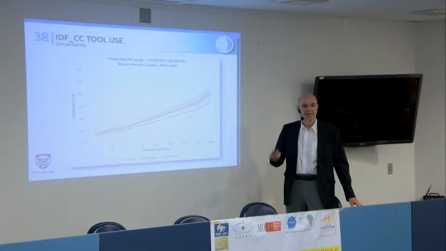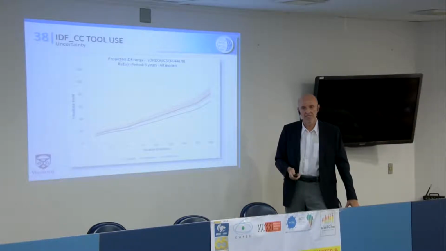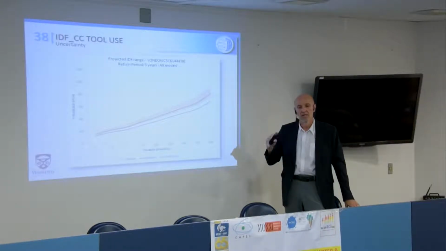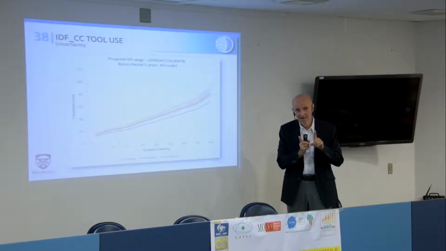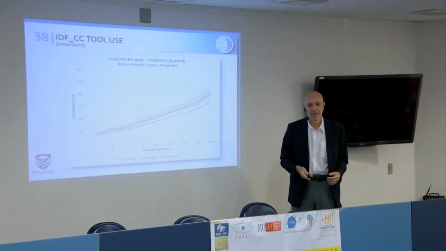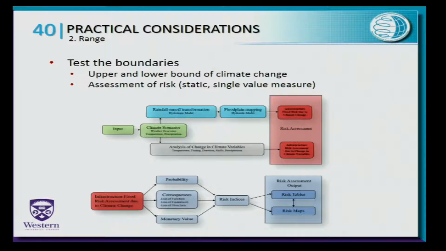So when the maps were generated for the city councillors and the decision makers, they had them for upper and lower bound. So they were able to see first the difference, and then decide which one they would use. This was done through climate, hydrology, hydraulics, and then the risk analysis, very detailed.